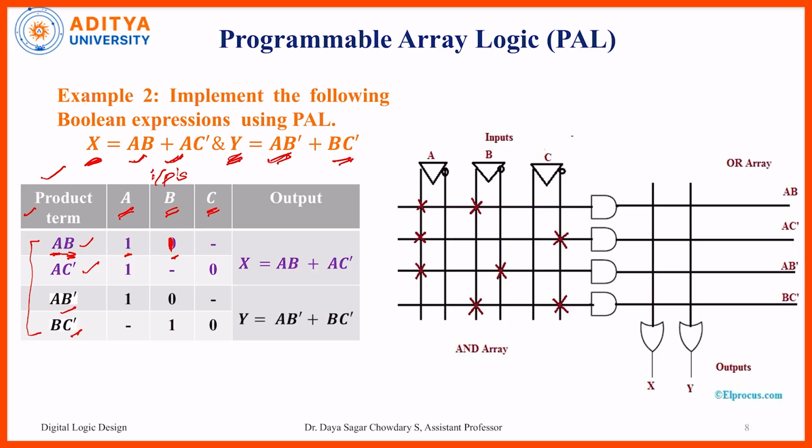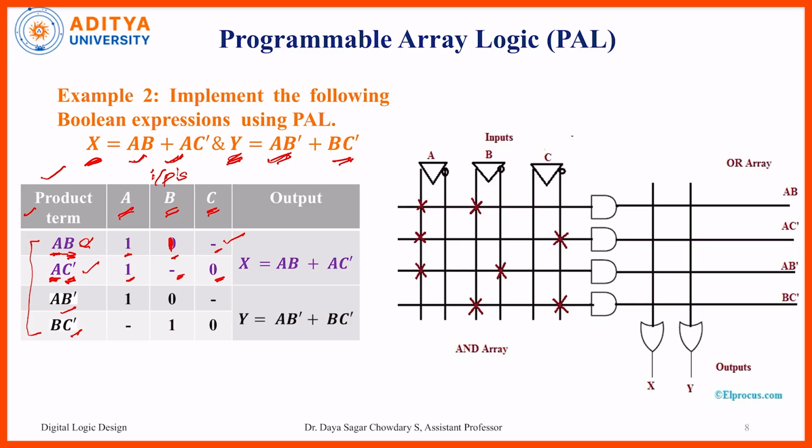And here A is there and C bar is there, but in the first term there is no C term. No C term means we have to give a dash mark here. If A is there, we place 1 here, and C bar is nothing but 0. But here there is no B term, so again we represent it with a dash.